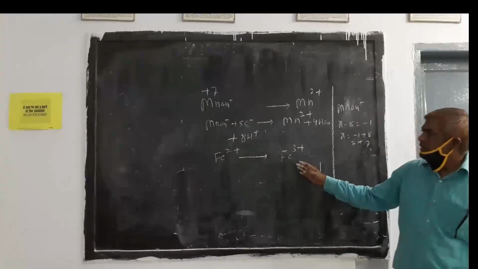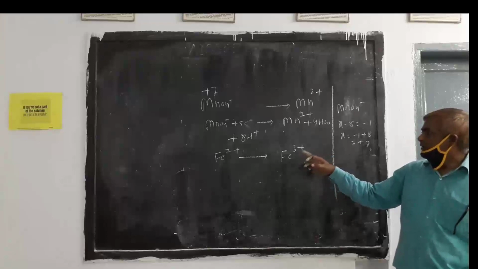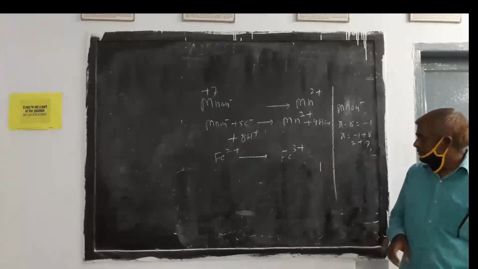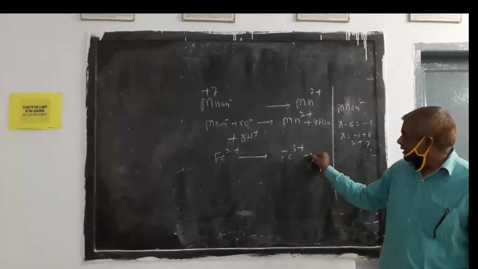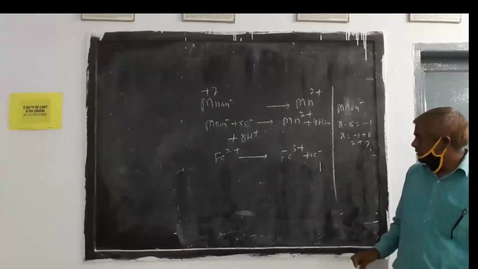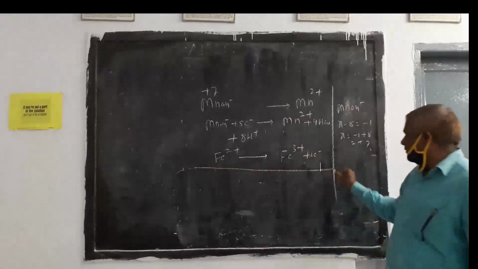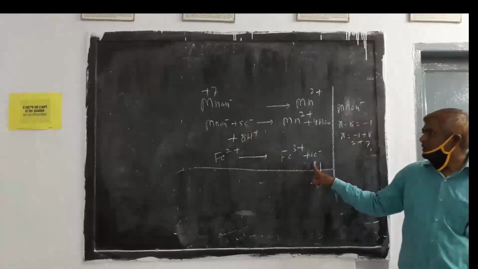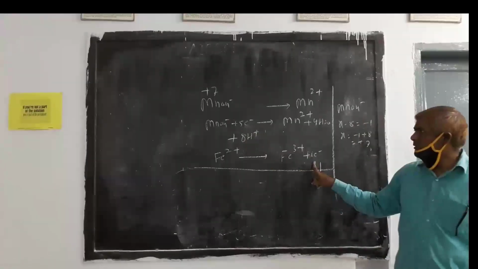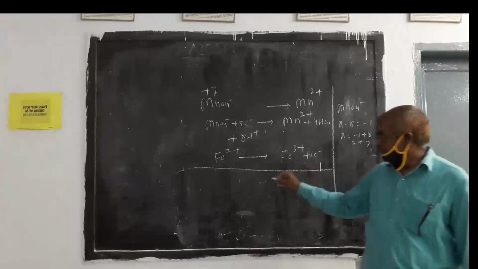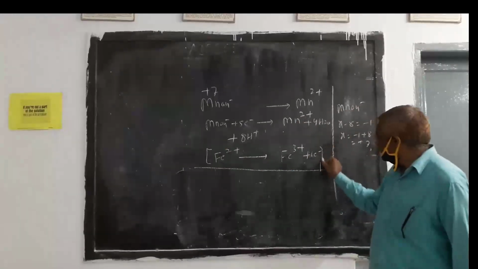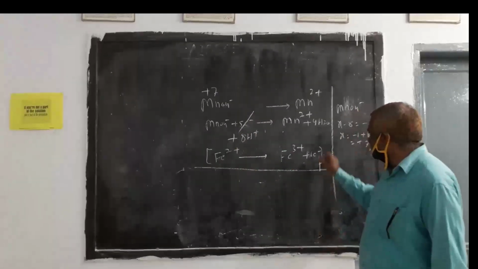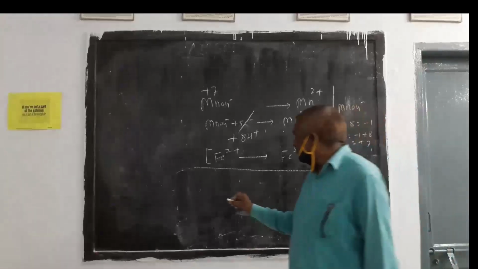This indicates that Fe2 plus changes to Fe3 plus, an increase in the oxidation number. So the charge may balance after adding 1 electron on the right side. Overall reaction: here the number of electrons is 5, here the number of electrons is 1. So equalize the number of electrons by multiplying equation 2 by 5. Then cancel the electrons, 5 electrons, 5 electrons.